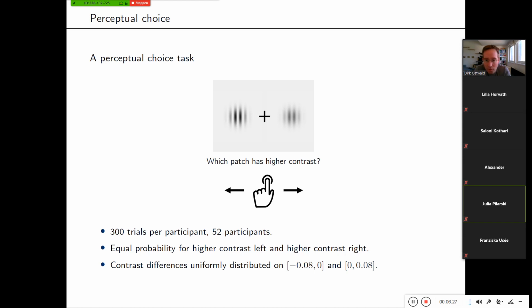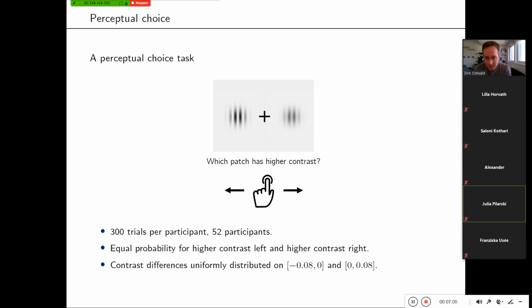And the probability on each trial for the contrast to be higher on the left or the right is equal, so you cannot predict from trial to trial what's going on. The respective contrast differences are uniformly distributed between 0, where there is no difference in the contrast, and quite an arbitrary value, 0.08, which is a contrast difference where everybody always gets it right.